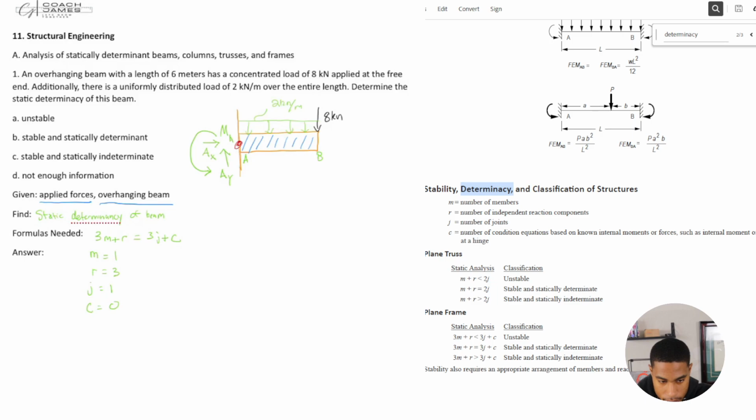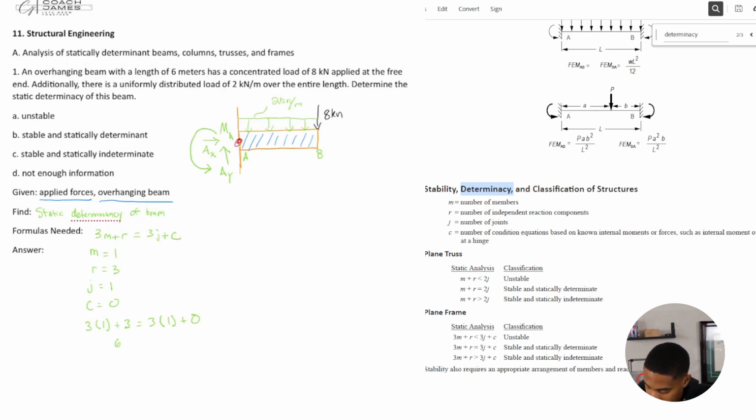So when we plug this in, we get 3 times 1, plus r, which is 3, is equal to 3 times j, which is 1, plus c, which is 0.